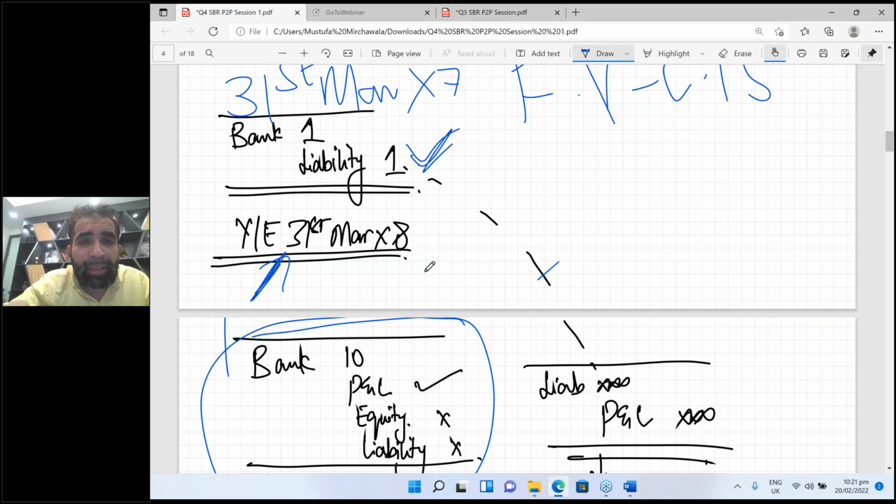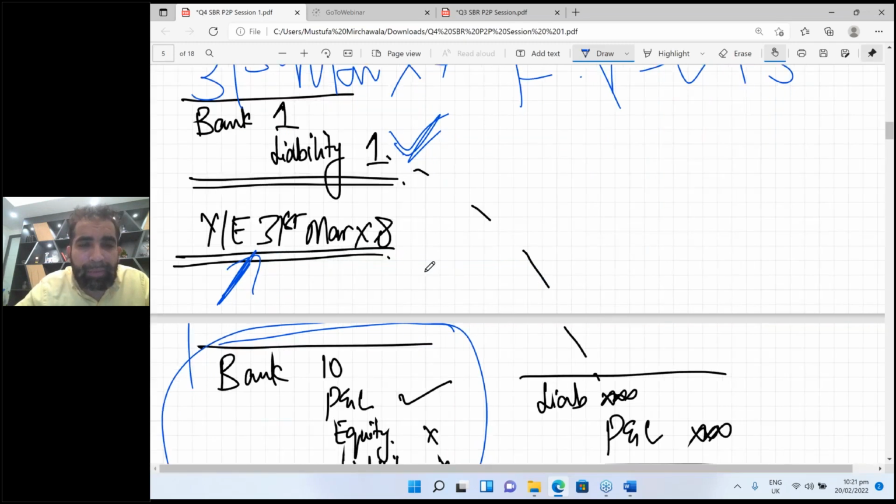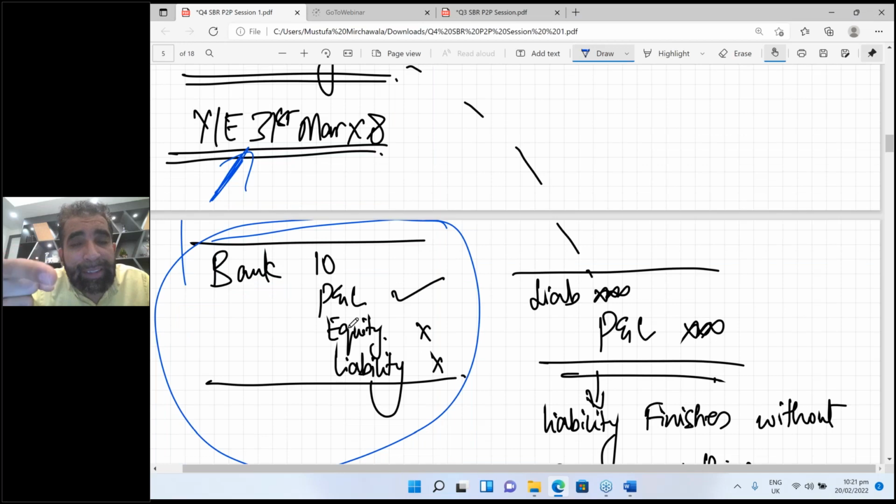But once, on 30th April X7, that is in the next accounting period, you really issued the token and arranged $10 million. So on that day, first you debit bank and credit PNL 10 million, plus that liability of 1 million will also be reversed in PNL, because now you have no obligation.